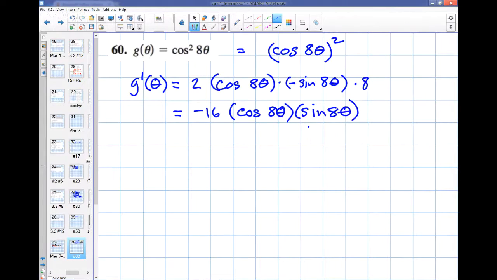And I would leave it, I would say that one is complete. So here's a good reminder of the chain rule. Watch out for that nesting. Otherwise, you obviously won't finish your derivative.